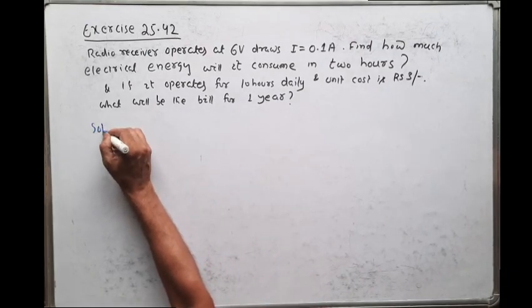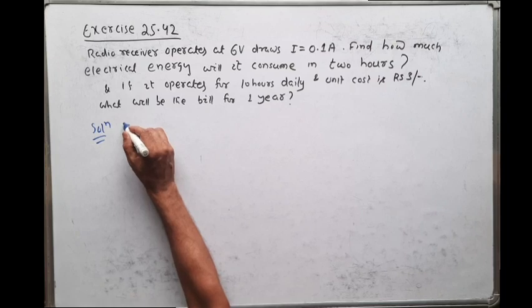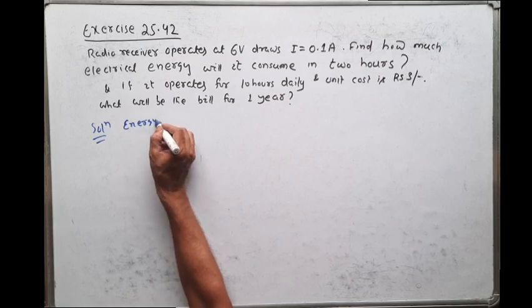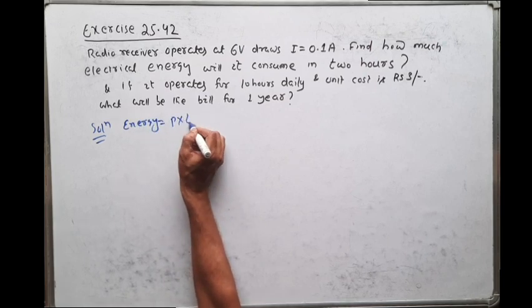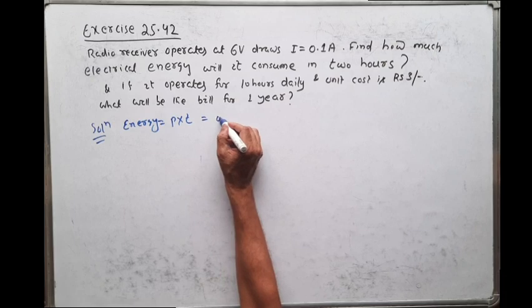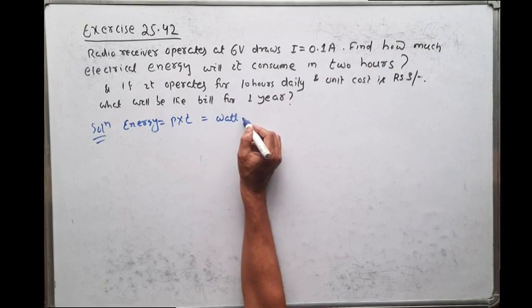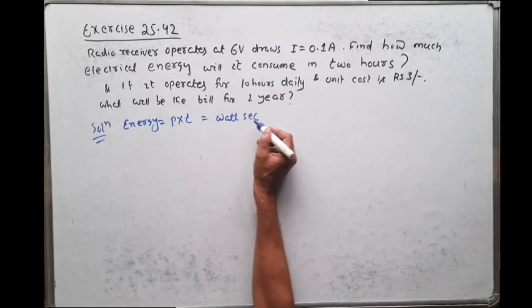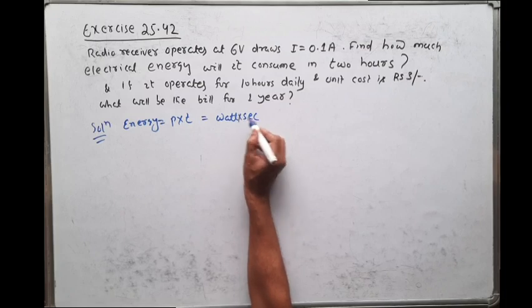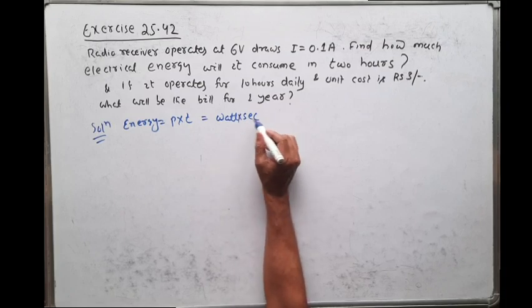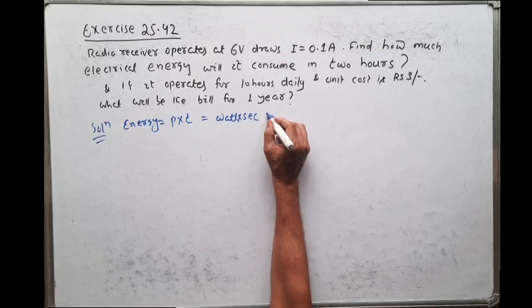You know what is the unit of electrical energy? Energy is nothing but power into time. Power is expressed in watt, time is expressed in second. Generally, watt into second is called joule, but in electrical circuits we can take energy in terms of watt second. But watt second is a very small unit.